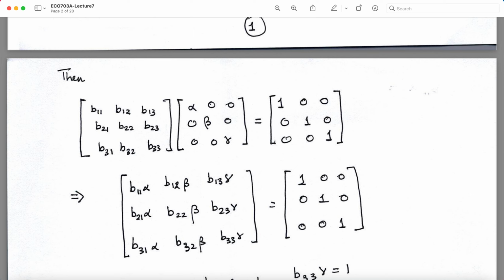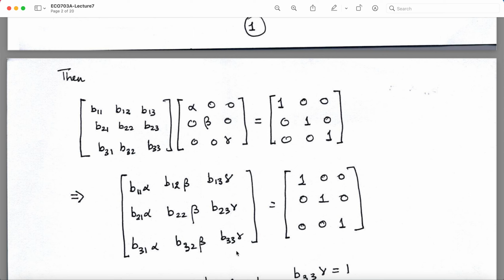So when you do this, you would get B11 alpha and B21 alpha, other terms are 0, B31 alpha. Similarly here, B12 beta, B22 beta, and B32 beta. And similarly for this, B13 gamma, B23 gamma, and B33 gamma.